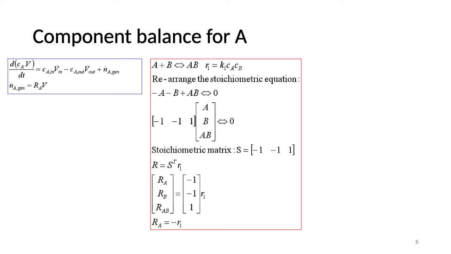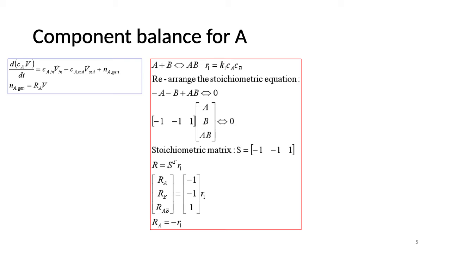Consider the stoichiometric reaction A plus B is forming AB, which has a reaction rate of R1. Then rearrange it so that the reactants are having negative sign as they are consuming inside the reactor and the products are having positive sign as they are formed.